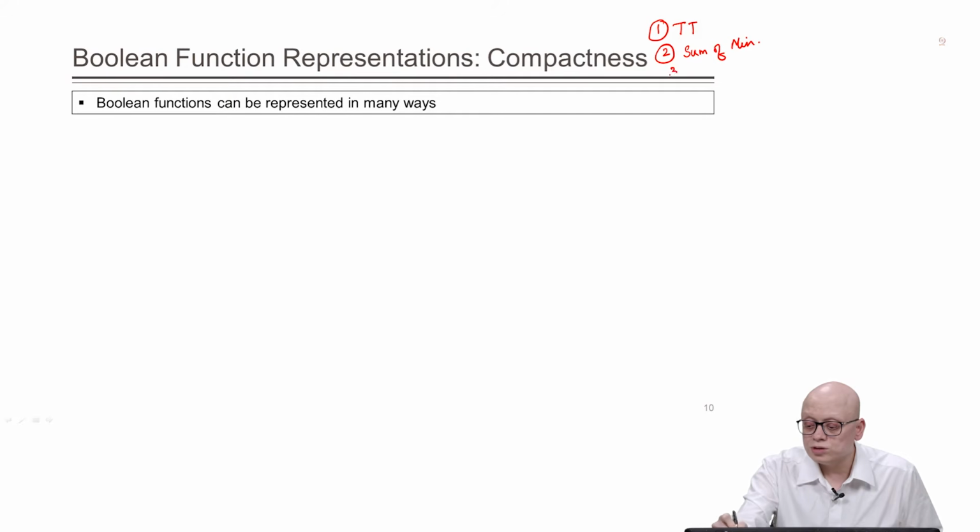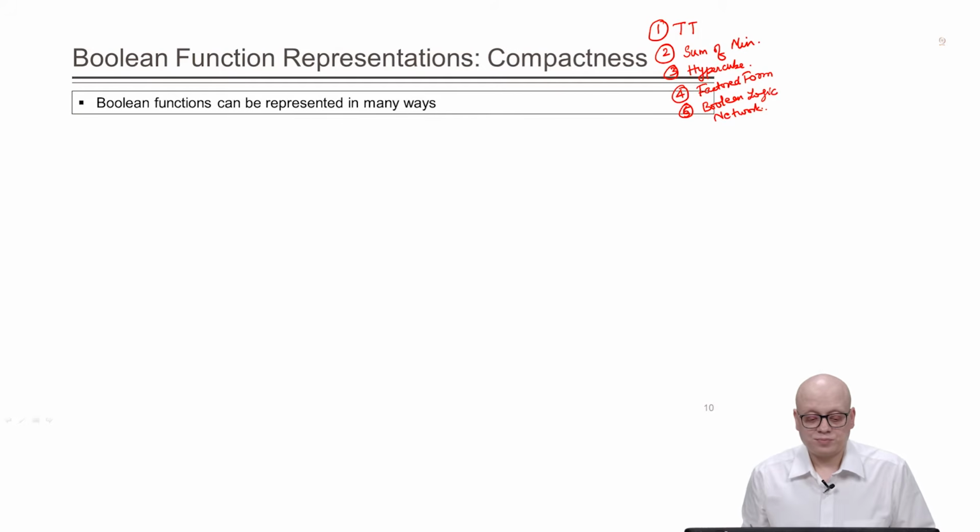Then we also looked into the hypercube representation of a Boolean function, and we also looked into the factored form representation for multi-level logic, and we also looked into Boolean logic networks and Boolean formulas.